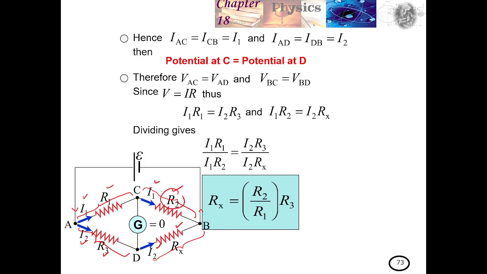R2 divided by R1, so going to the left, R2 divided by R1 times R3. You can see the pattern: this resistor divided by this resistor, and times this resistor.